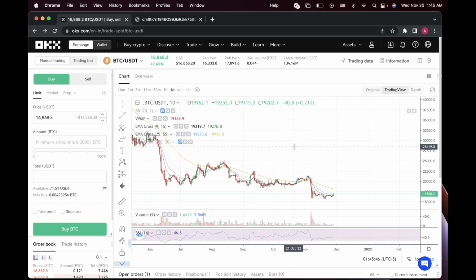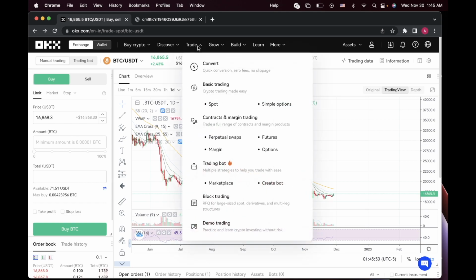The second part which you need to know is what types of trading there are. If we go to Trade in the top navigation, we have spot and margin. These are the two options you need to know.